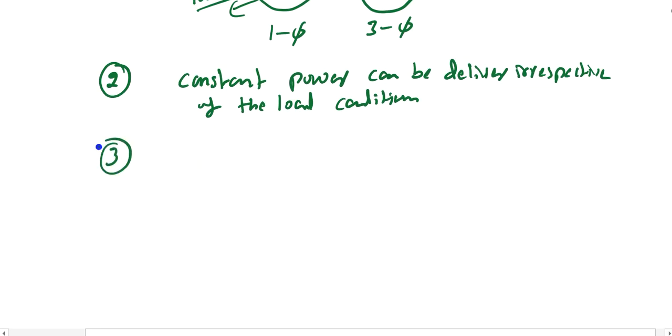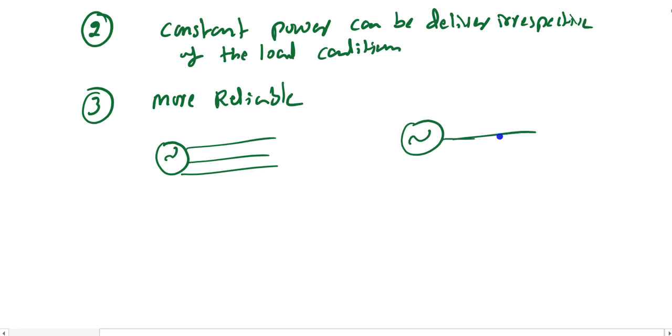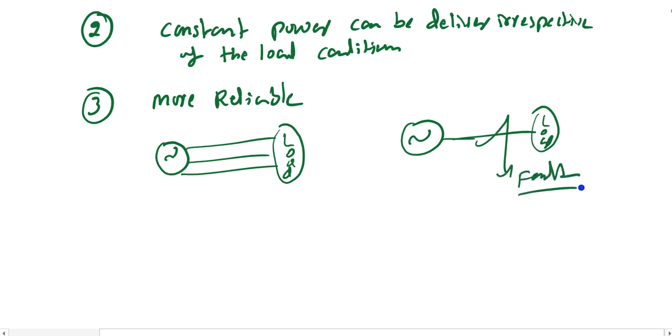And another one is that the three-phase system is more reliable. Why am I saying it is reliable? Suppose I have a generating station, and the three-phase system is going out. Assuming a single-phase line is there, I am connecting a load here, and also a load here. Suppose a fault occurs, some kind of breakdown occurs, then what happens?